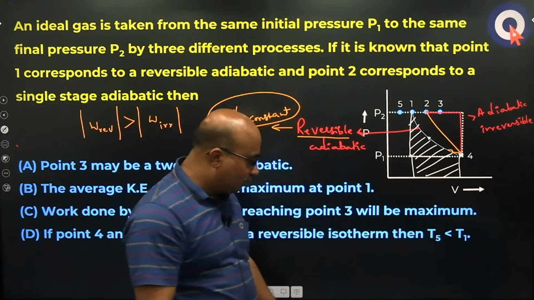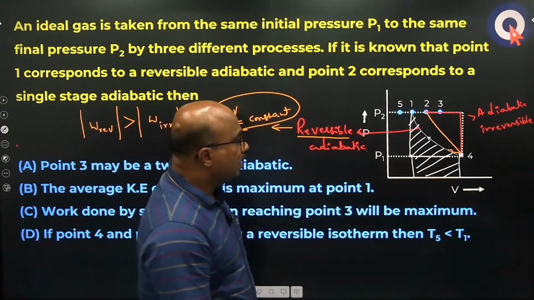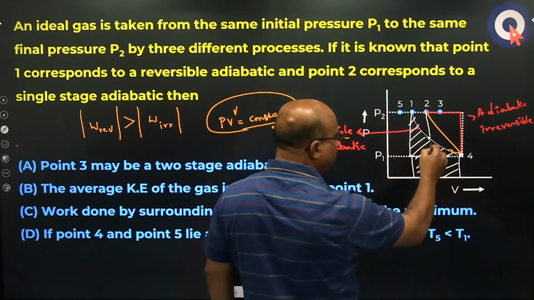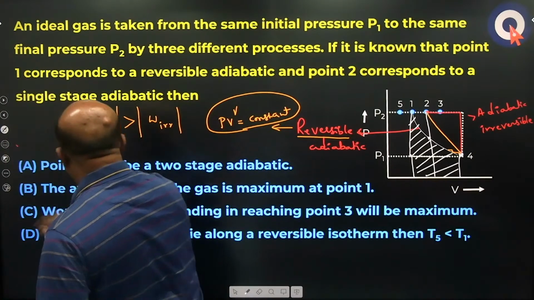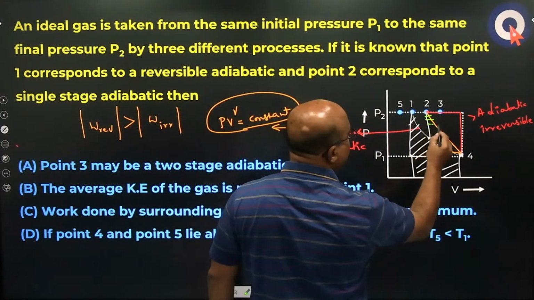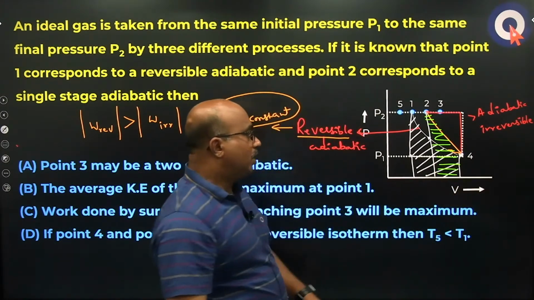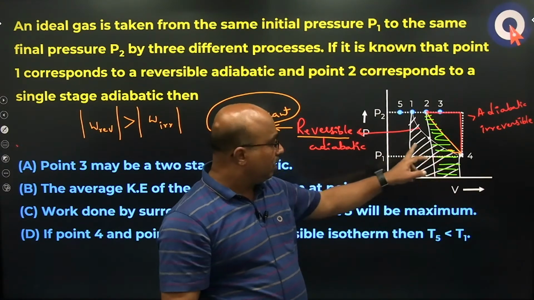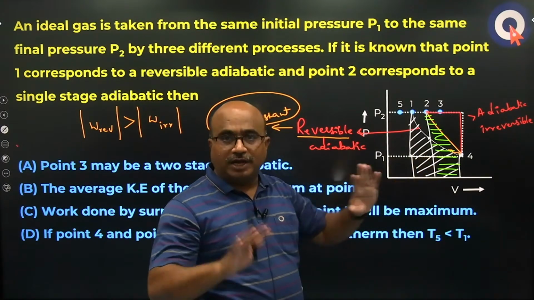So it's the work area for the adiabatic reversible process. Single stage is like this, and this is the only area that we can say. So if you say now, this graph area is like this. Work done during this single stage process is less, and a multi-step process or more infinite step process is high.